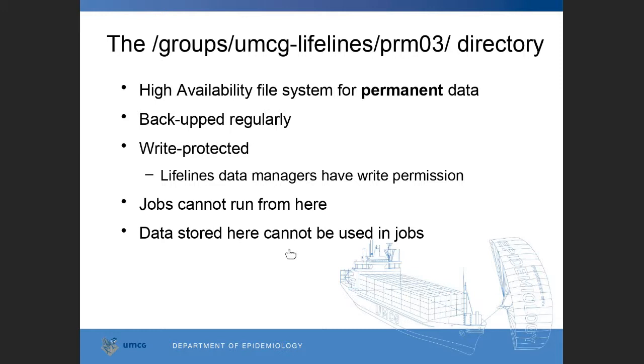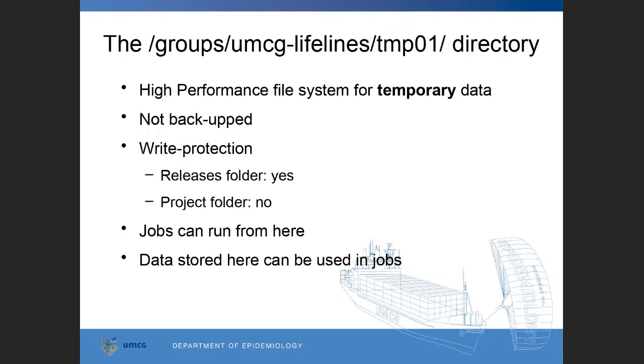From this permanent storage, you cannot run jobs, and data stored in here cannot be used in jobs. Therefore, there is a clone on the temp directory of your project folder and of the Lifelines data, which is a high performance system for temporary data. All your intermediate data can be stored here, but this is not backed up.